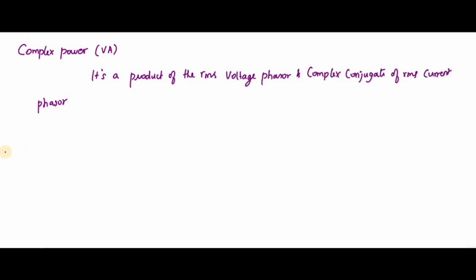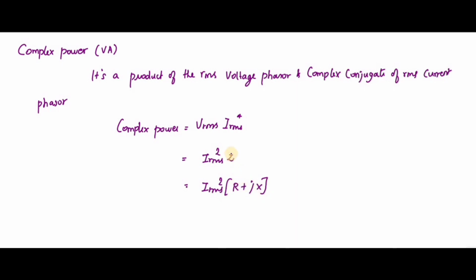So I can write the complex power as VRMS into IRMS, which I can also write as IRMS square into Z. This I can also write as IRMS square into R plus jX, since the impedance is R plus jX.